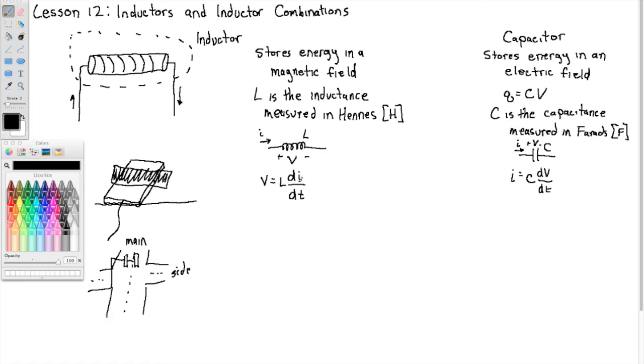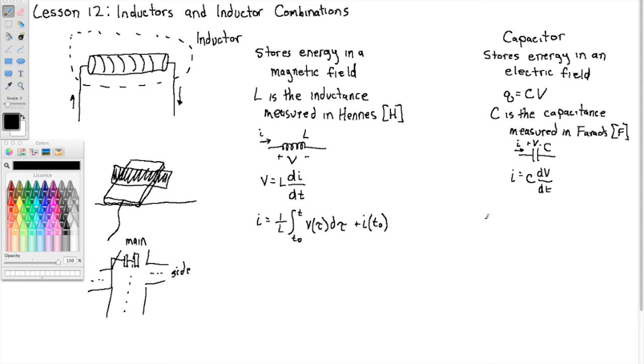Now, if we have the current and we want the voltage, then we use this equation, L di dt. But if we have the voltage and we want the current, then we can manipulate this equation a little bit. This would be 1 over L times the running integral from some reference point to right now of the voltage, plus the original current, the initial condition.